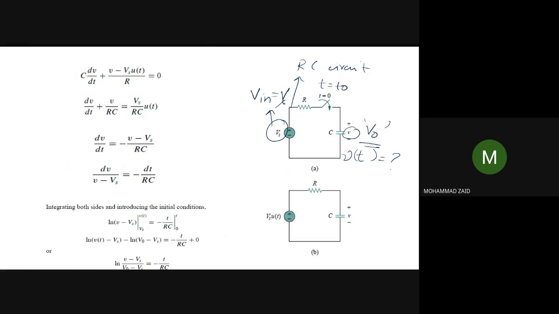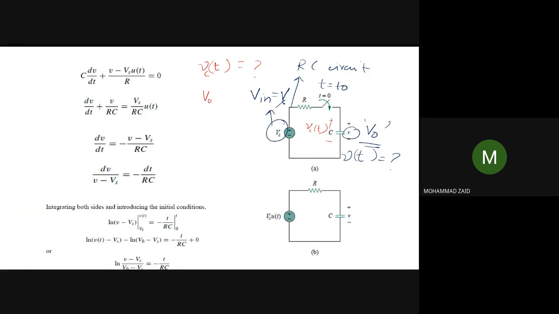So what will be the equations? We want to find out the response of this capacitor voltage. We are interested in finding out how this capacitor voltage VCT will vary if we are going to put a forced response. Now there are two conditions.